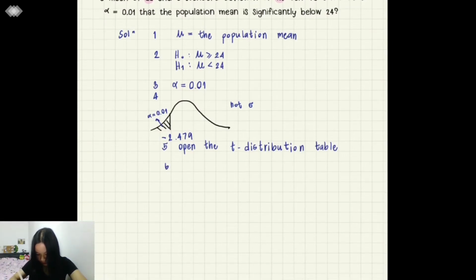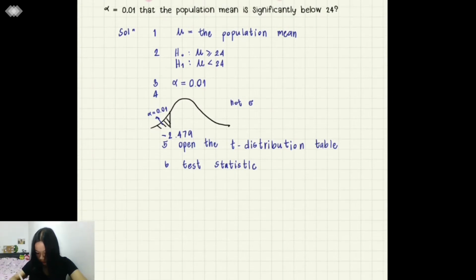Step 6. Test statistic. T equal x bar minus mu divided by the standard deviation divided by square root of the random sample size.